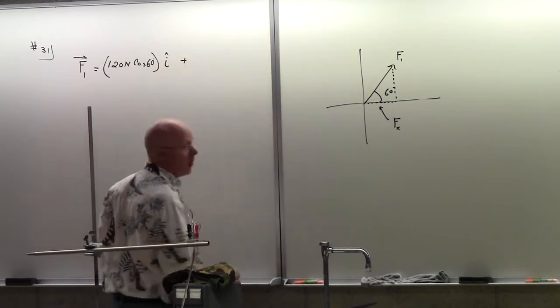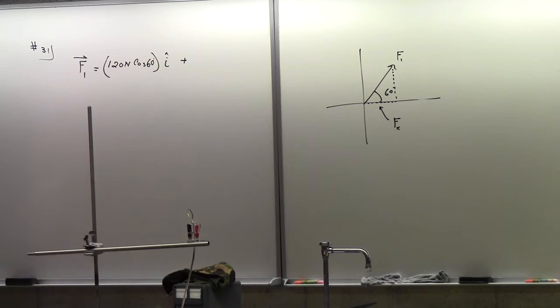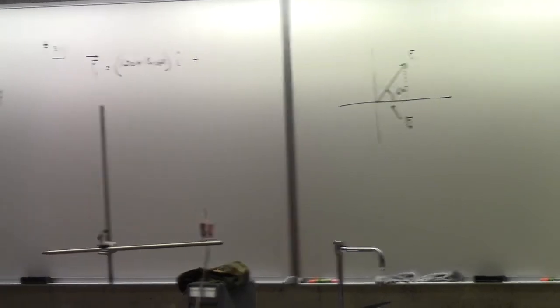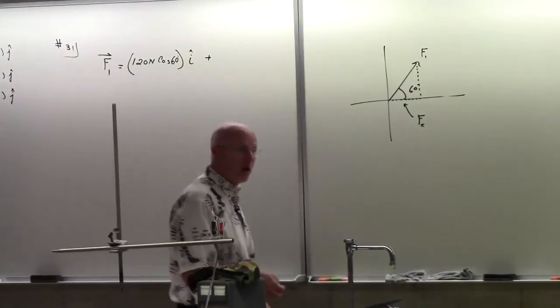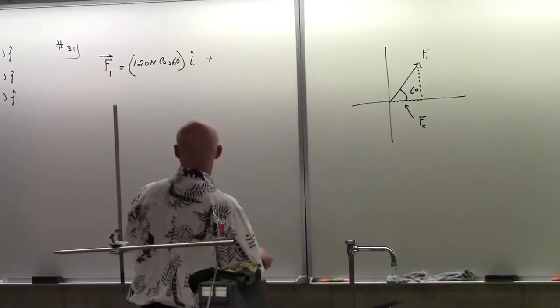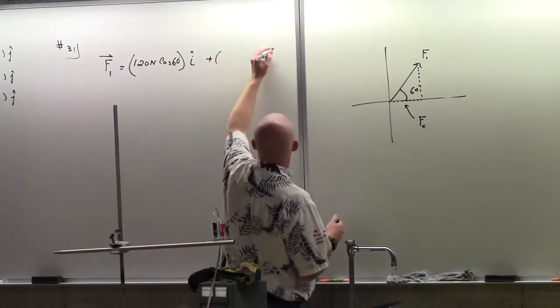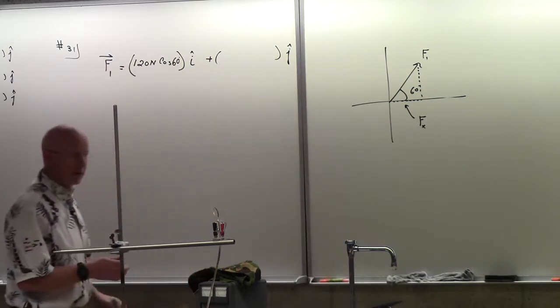And then I would have my magnitude component with the direction. And of course, that's not the whole story. This force is not just pulling in the x direction. It's pulling in a combination of x and y here in that first quadrant. So this force is also pulling in the y direction.